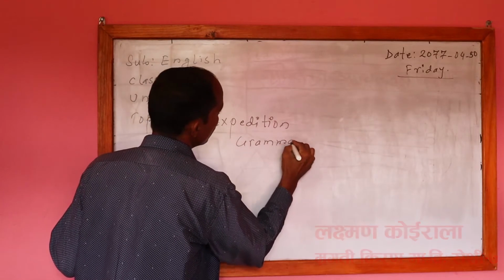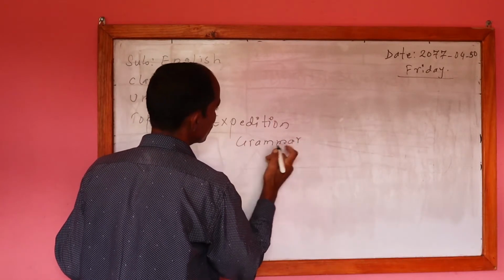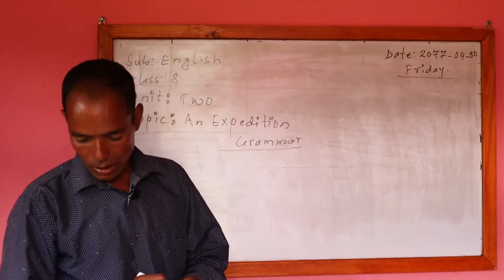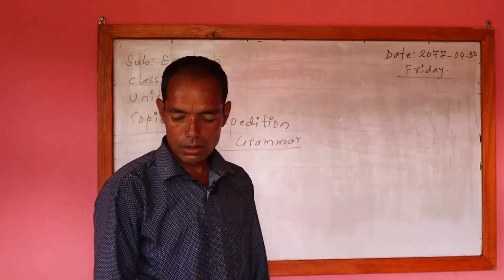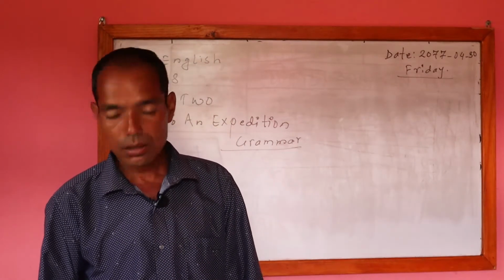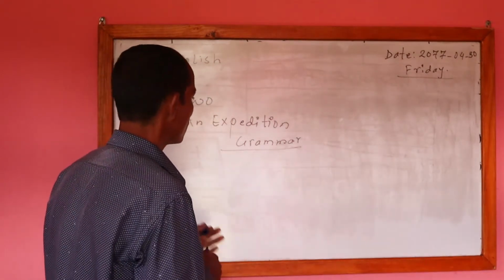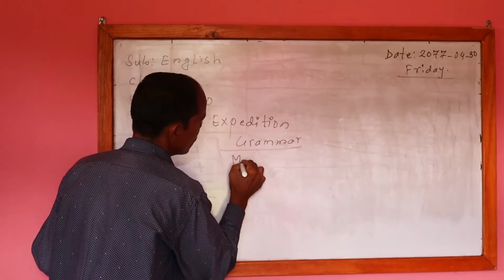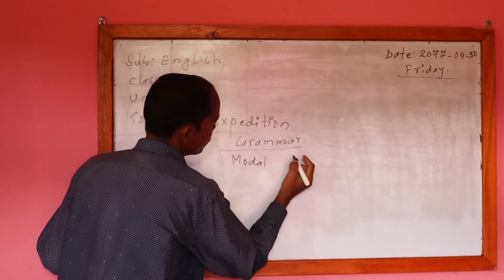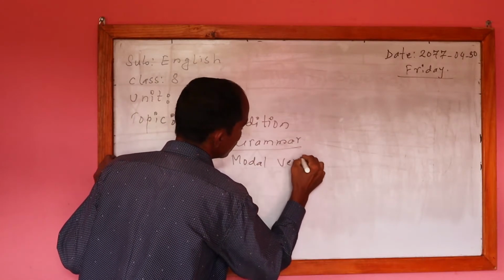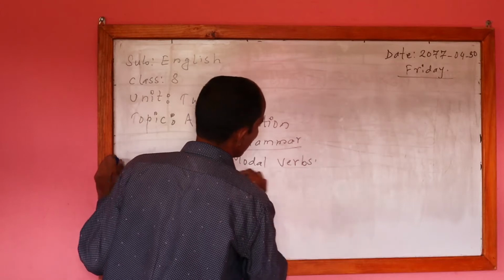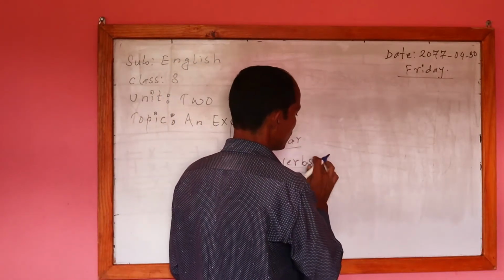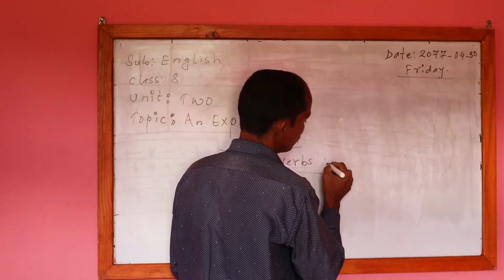Now let's look here. I am going to teach the grammar subject, and in grammar for class 8, last time we had studied modal verbs. What are modal verbs? We have already studied about them.